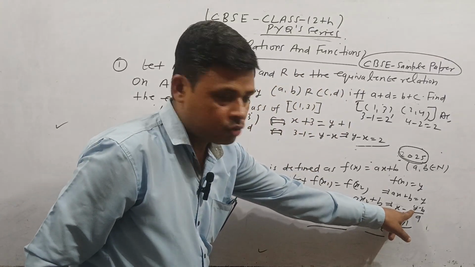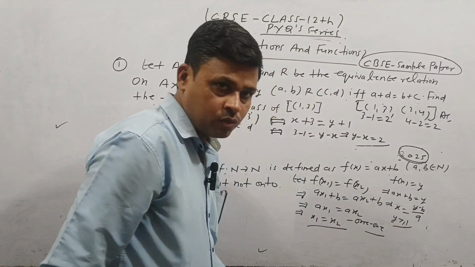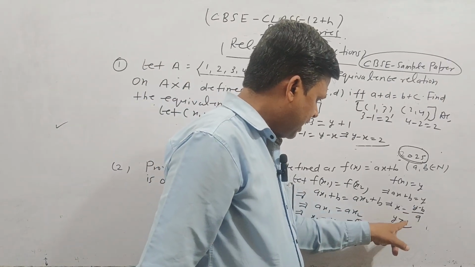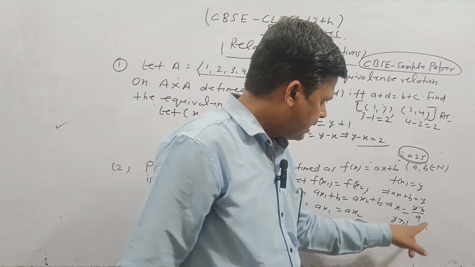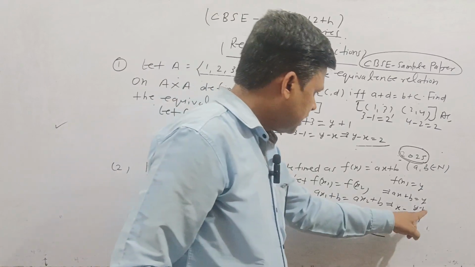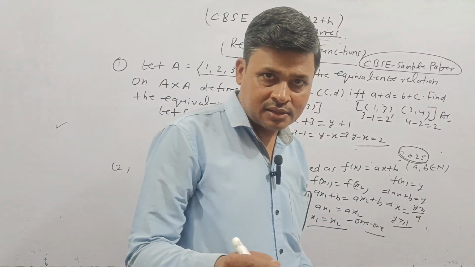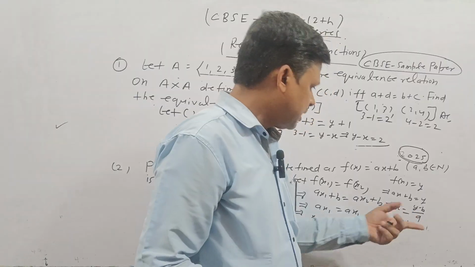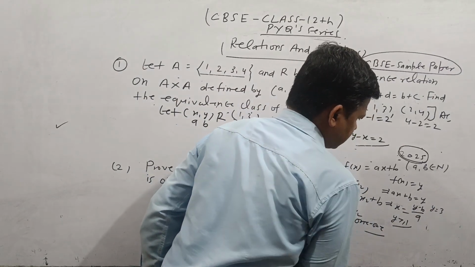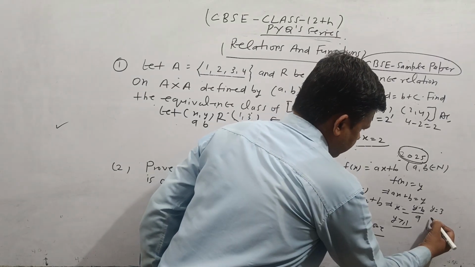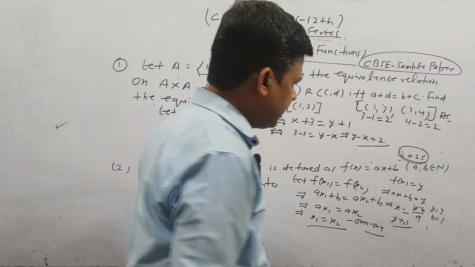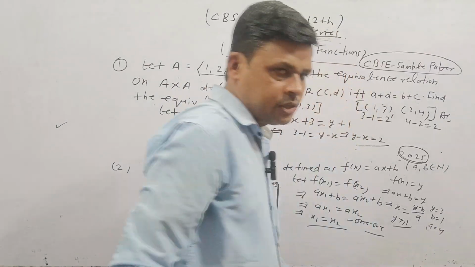If y is any natural number and b is also a natural number, and we subtract, for example, if we take y equal to 3, b equal to 1, and a equal to 4, then what is the situation here?